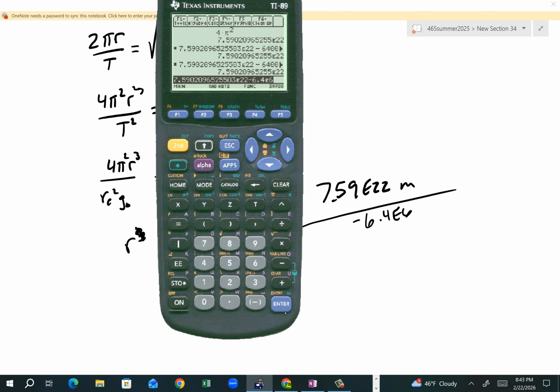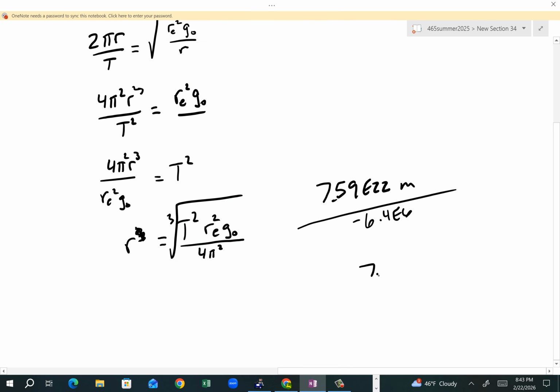There you go. And it turns out it's 7.59 roughly E22, still about, okay, meters, which is roughly, what is that? Damn it.